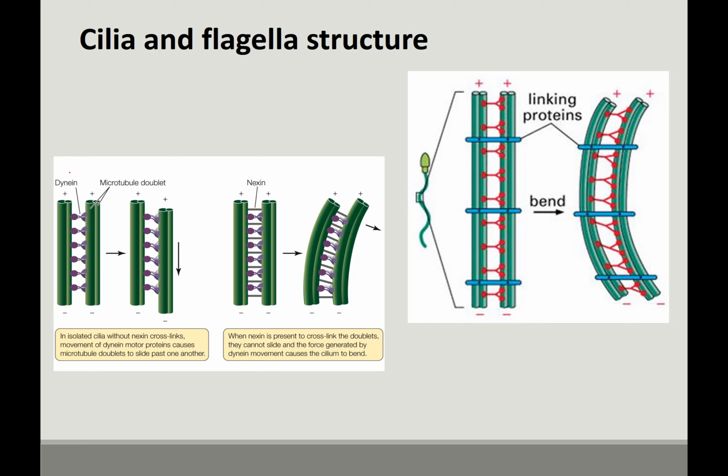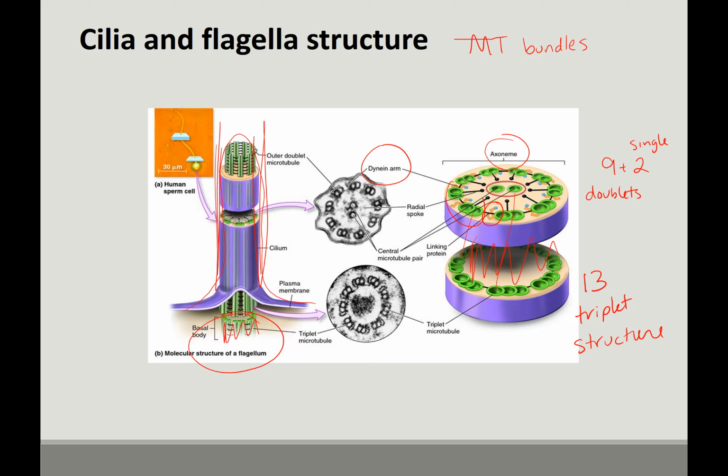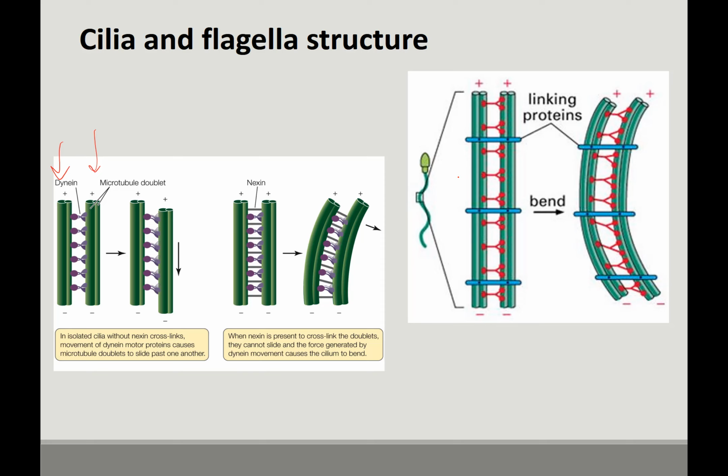So here are our 2 microtubule doublets. Say we're just focusing right here. And you see dynein, little guy between them. And as the dynein hydrolyzes ATP and moves, the filaments slide with respect to each other.